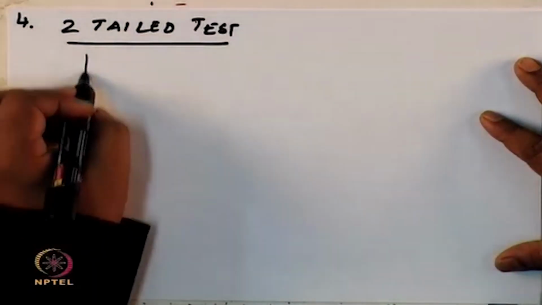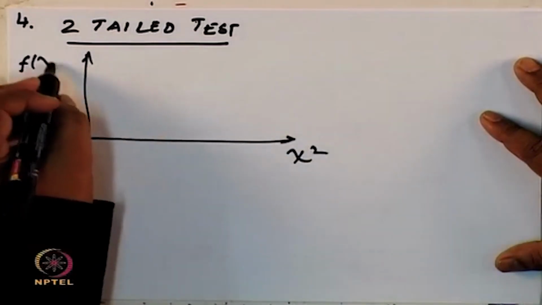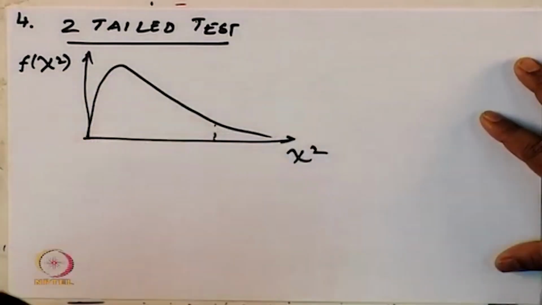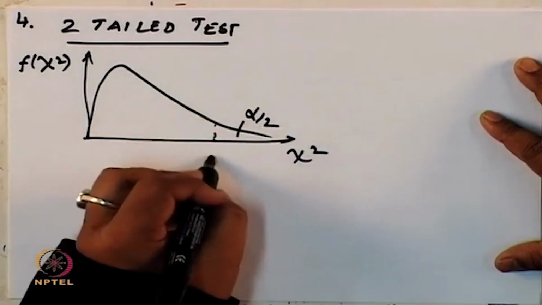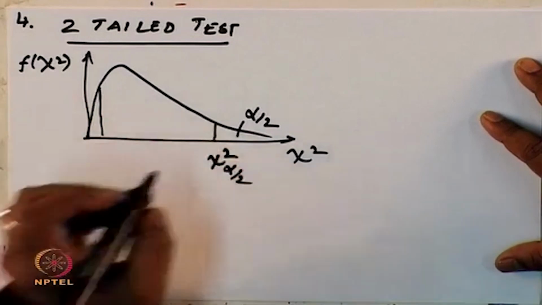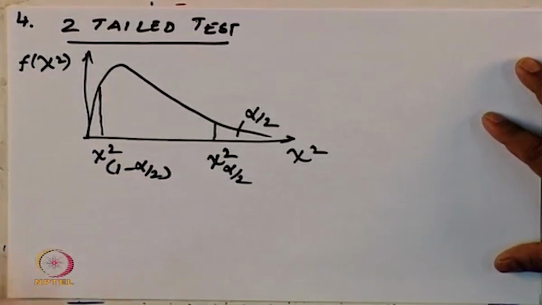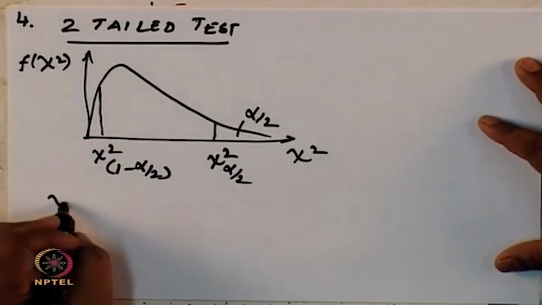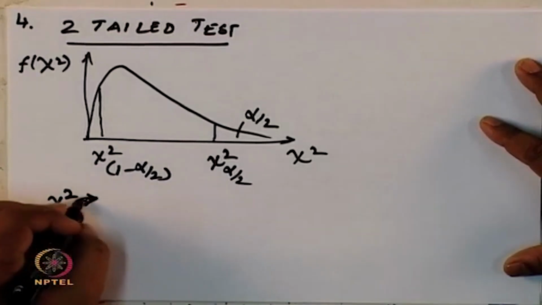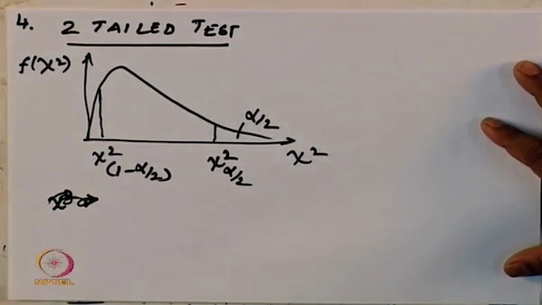In this case, you calculate chi-square of alpha by 2 and chi-square of 1 minus alpha by 2. If your chi-square value is either greater than chi-square of alpha by 2 or less than chi-square of 1 minus alpha by 2, you accept your alternate hypothesis.